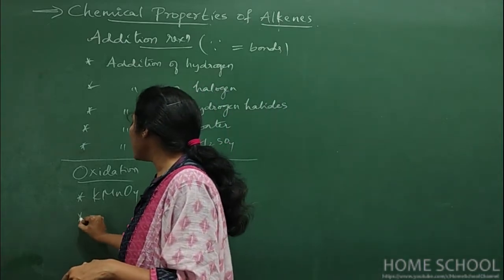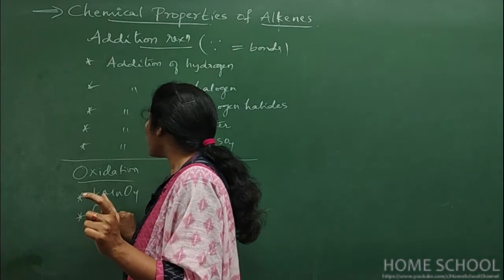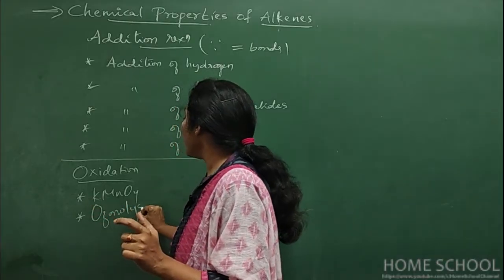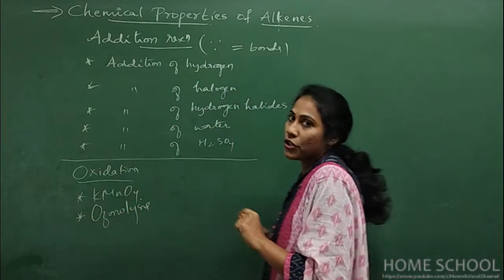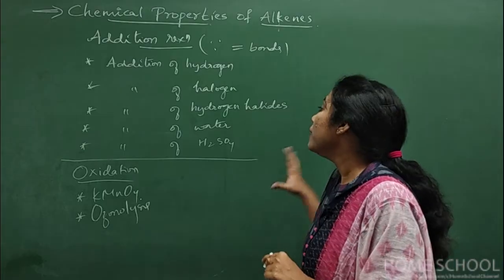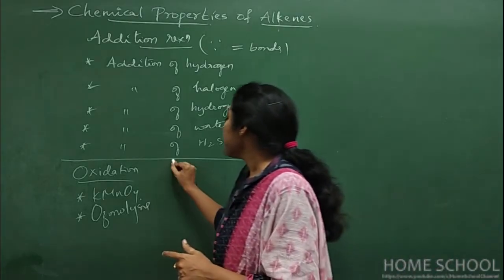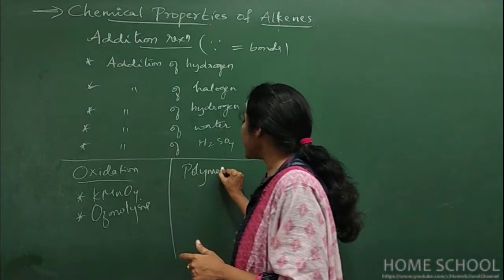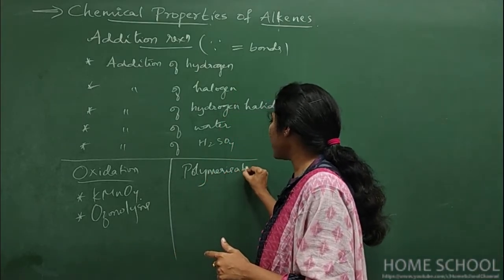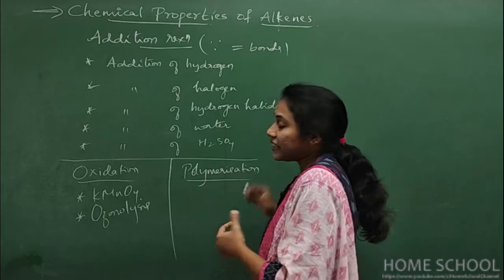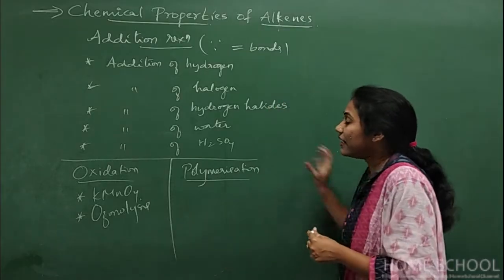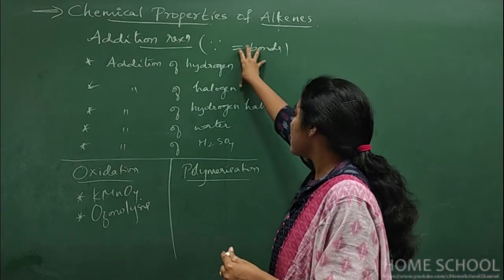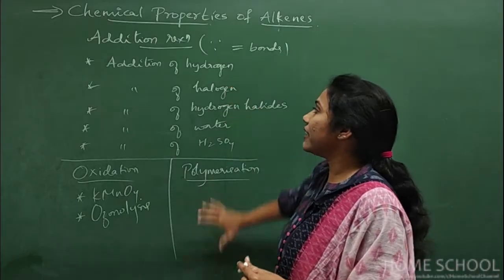And later, the most important concept, that is ozonolysis. So you will also study about ozonolysis here, right? And not only this, there is a special reaction possible with alkene, that is polymerization. Okay, so this is another reaction we are going to study, right? So let's discuss each and every reaction in a detailed way.